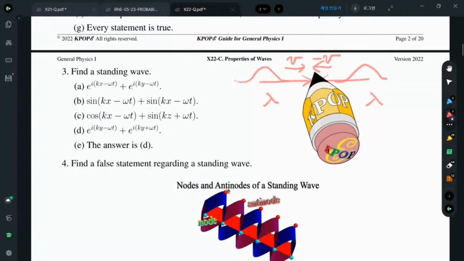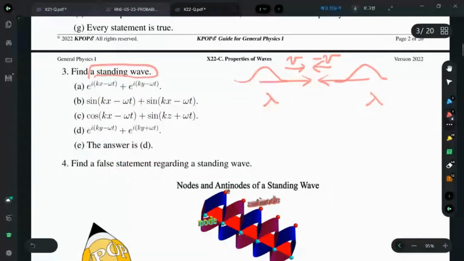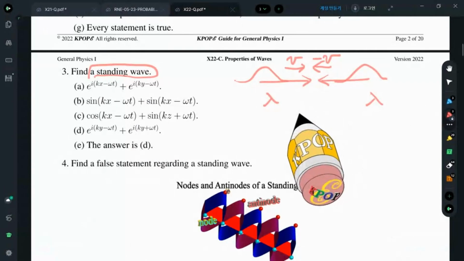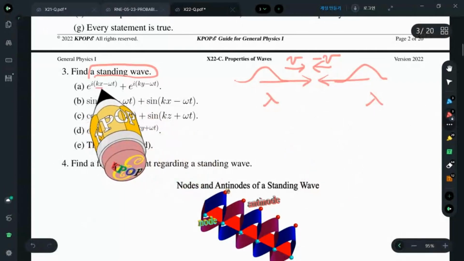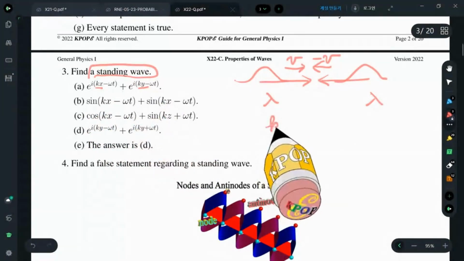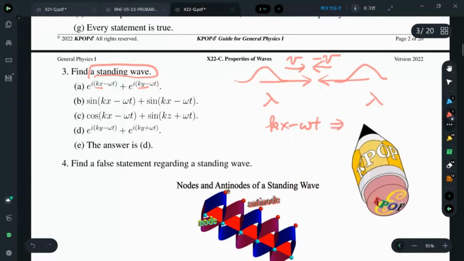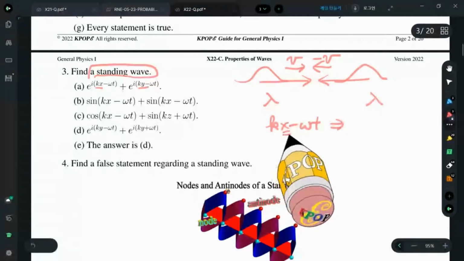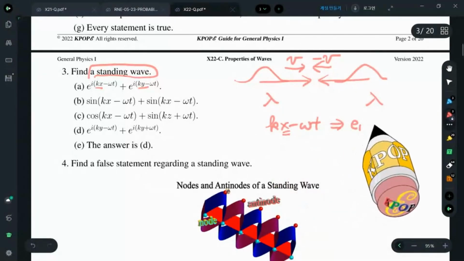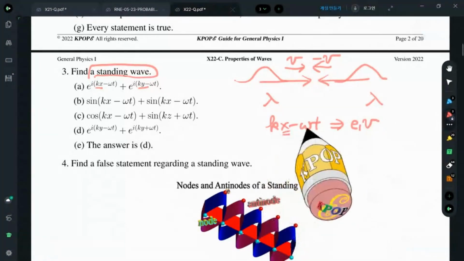In that case, you will find the standing wave. Here, x and y. kx minus omega t: this one has a velocity along the x-axis.